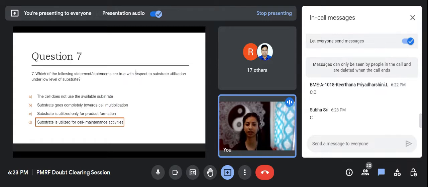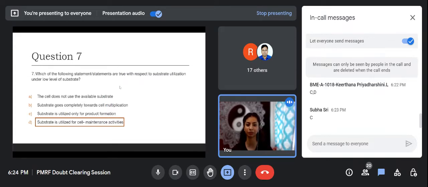So the first option can't be correct because the cell cannot not use the substrate given to it. It will not stay in a dormant condition, right? And the substrate cannot completely go towards cell multiplication, because for cell multiplication also the cells need energy, right? And that energy is given to the cells by utilizing the substrate so that they produce ATP molecules. So this option is also not correct. So C is substrate is utilized only for product formation. Depending on what the product is, this can be true or cannot be true.